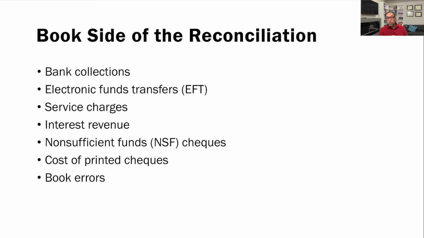It means that you cannot get money against that check. Then there is the cost of printed checkbooks. If you buy a new checkbook or more checks, the bank charges for that. Or if there is any error, that's a book error. The other side is a bank error, but here it is a book error.